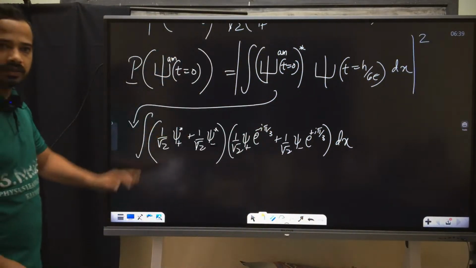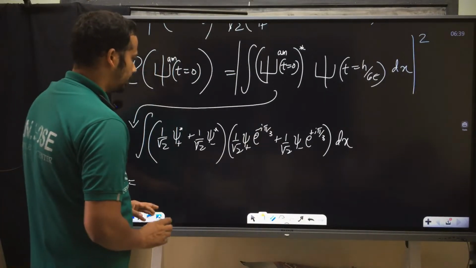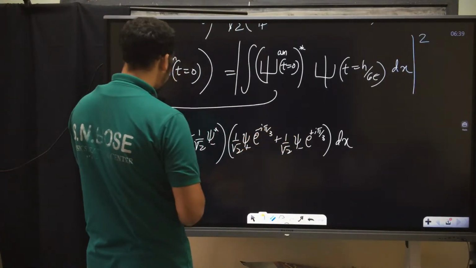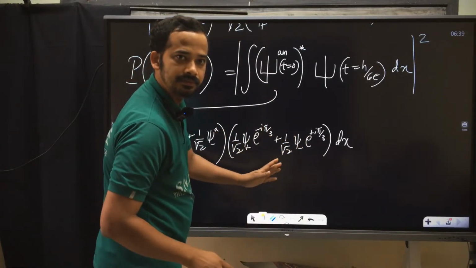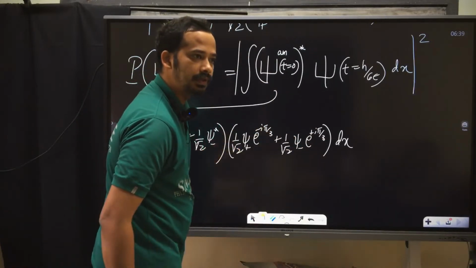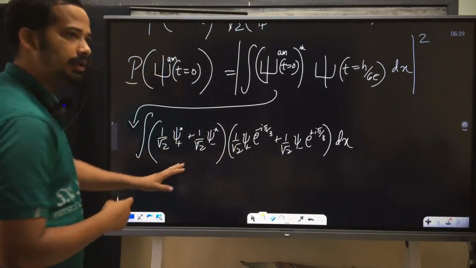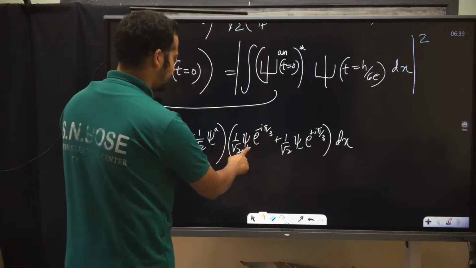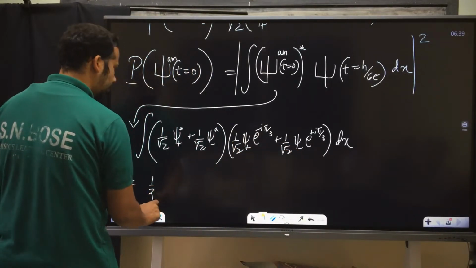Now let us convert it like this. Whatever this e power, psi plus psi minus multiplied and integrated, that's 0. Whatever coefficient, it will come out of the integral. They are orthogonal, isn't it? Among these 4 terms, only 2 terms will remain. What is this one? Psi plus psi plus, psi minus psi minus. 1 by root 2, 1 by root 2, 1 by 2.